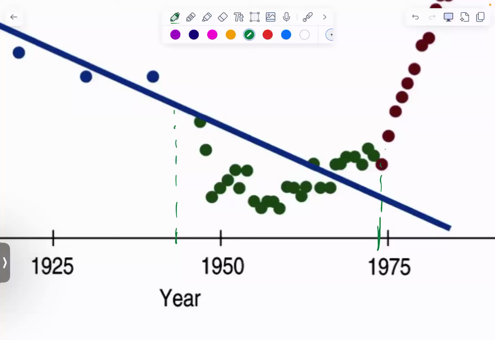And so if we use this blue line to make predictions for these year ranges, which we did not use to build the model, we used the blue dots to build the model, then we would get a pretty good prediction here, as we're tapering off. And then just by fluke, for those couple of years there, we would have a reasonable estimate. Or prediction, right? Estimates and predictions are the same thing.